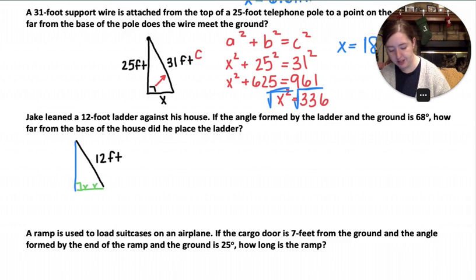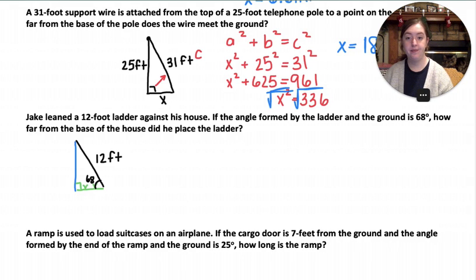They also let us know that the angle that the ladder makes with the ground is 68 degrees. And then they want to know how far from the base of the house did he place the ladder. So we want to know this length right here.